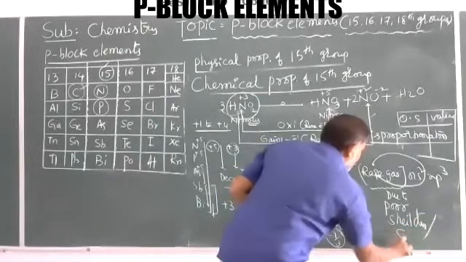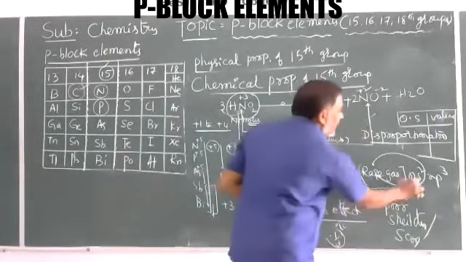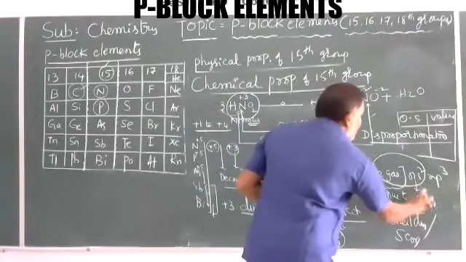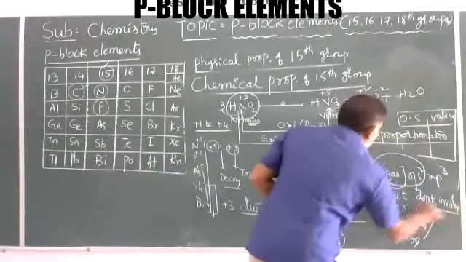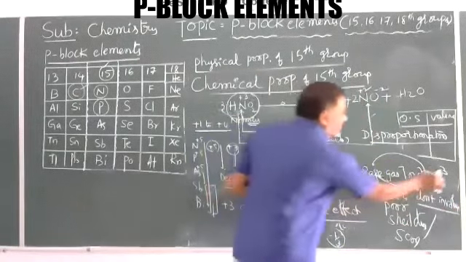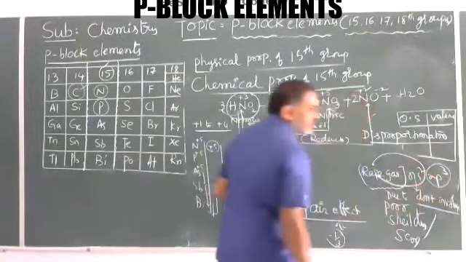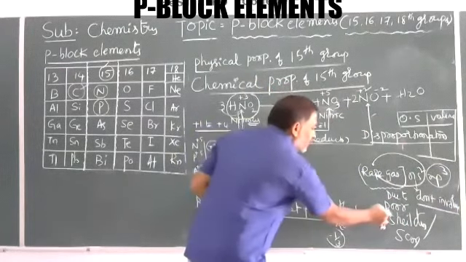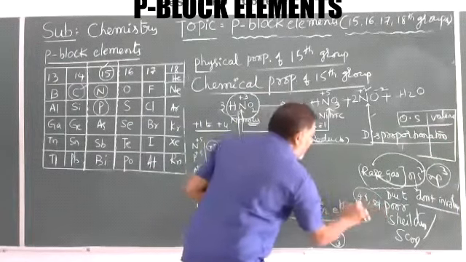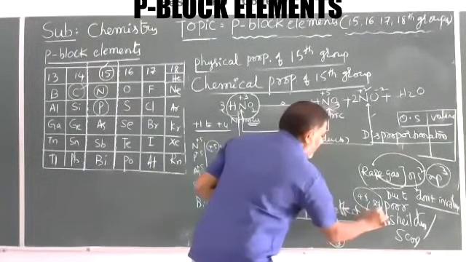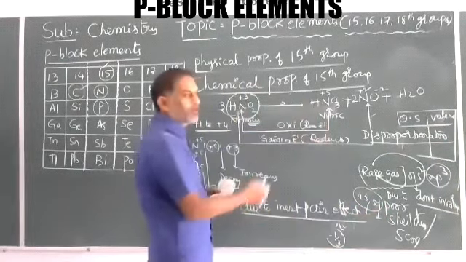Because of the shielding or screening effect, the ns electrons do not get involved in chemical bonding; only the p electrons are involved. To show the poor shielding effect, the 4f and 5d orbitals are mainly responsible. That is, f and d orbitals are responsible for the poor shielding effect.